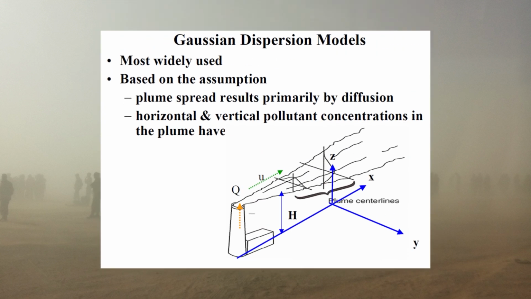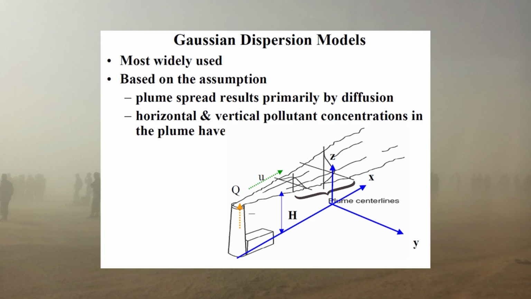So this is another picture, and as I told you earlier, Z, Y, and X are all perpendicular to each other, and as the plume moves towards the windward direction, the diffusion or the dispersion happens in all three directions.